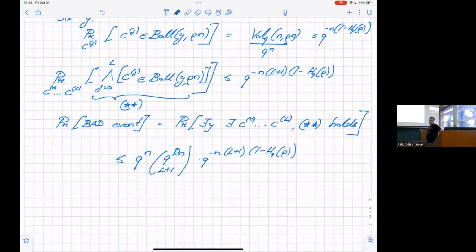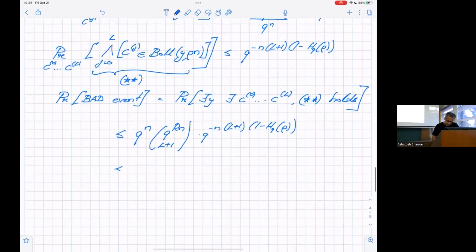Let's now simplify this. I'm going to write everything in the exponent of q to the power n. I'm going to upper bound it by q to the power Rn to the power L plus 1. Let's take out n completely.